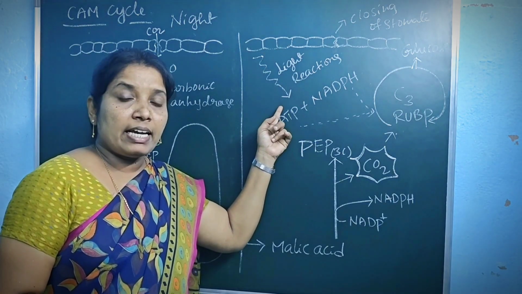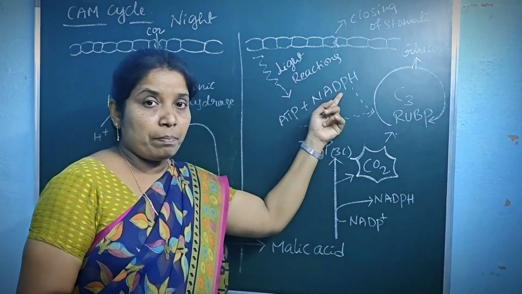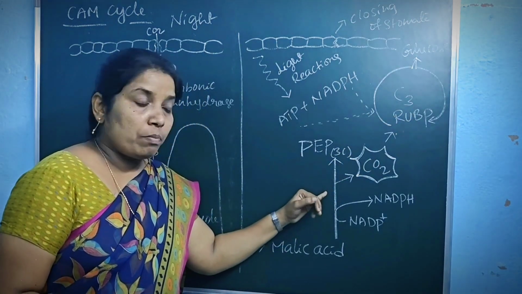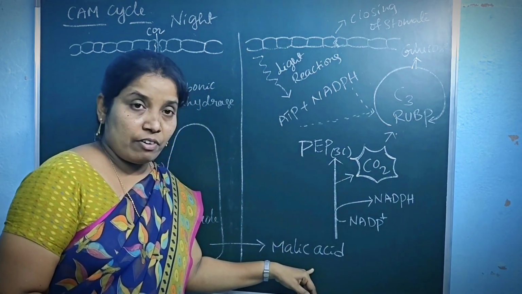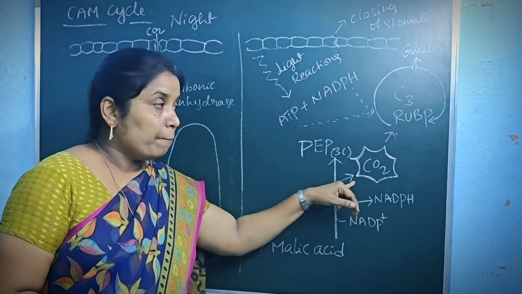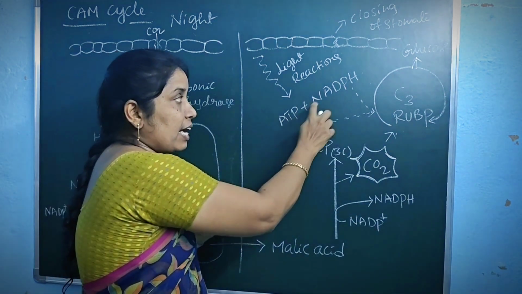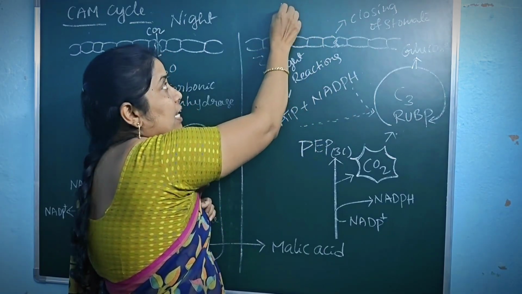Light reactions are providing assimilatory power for the C3 cycle. So from decarboxylation of malic acid, one CO2 is given out that will be utilized in the C3 cycle, with the help of light reactions, which occur during the daytime.